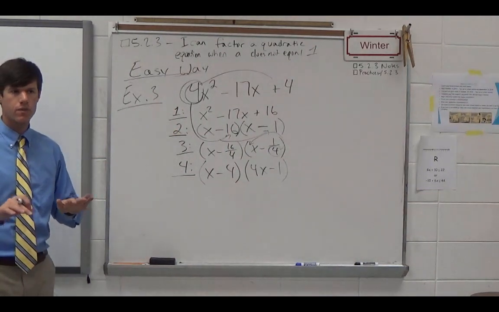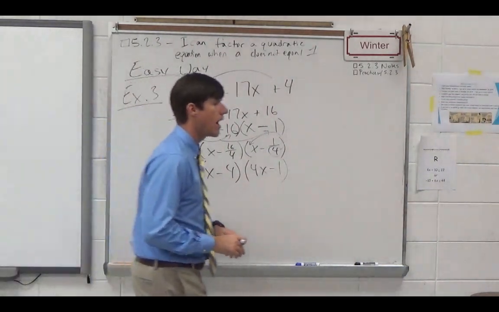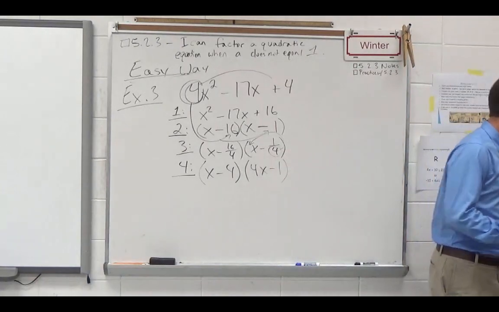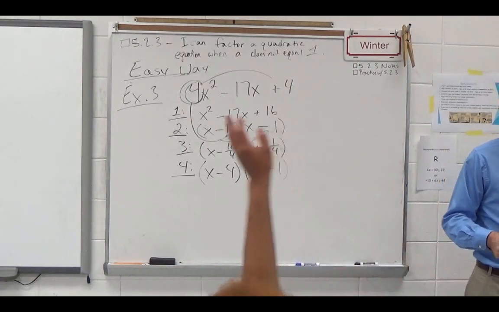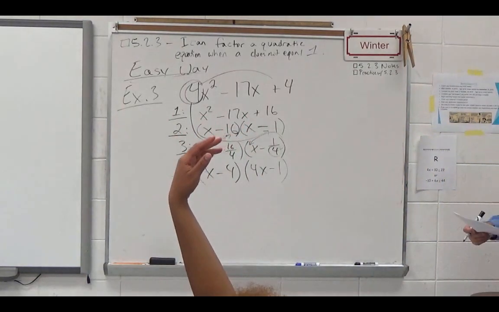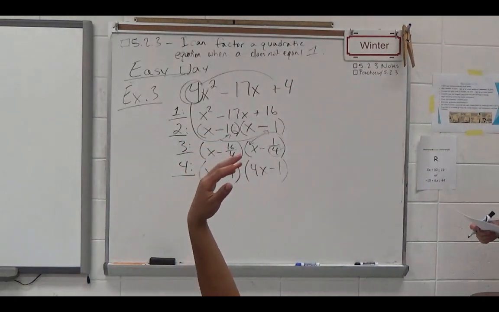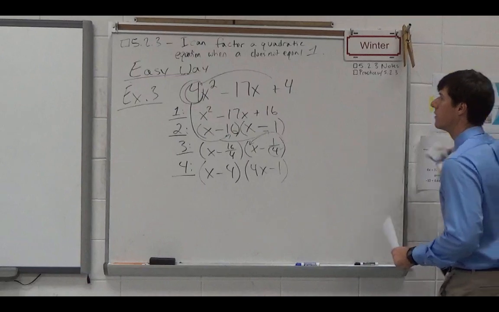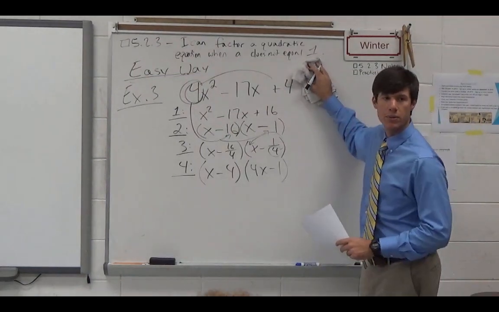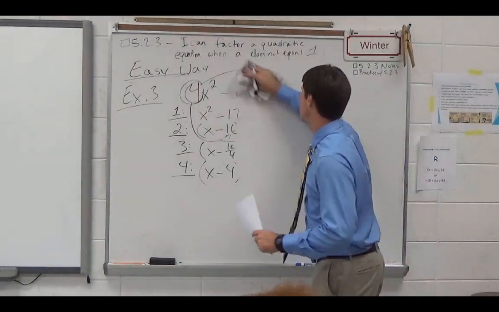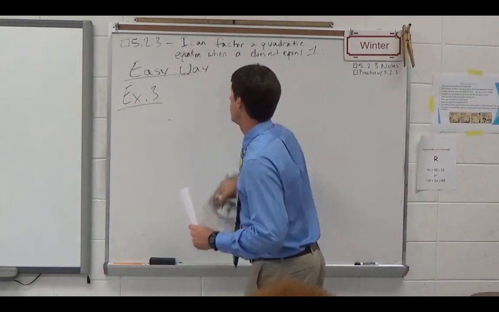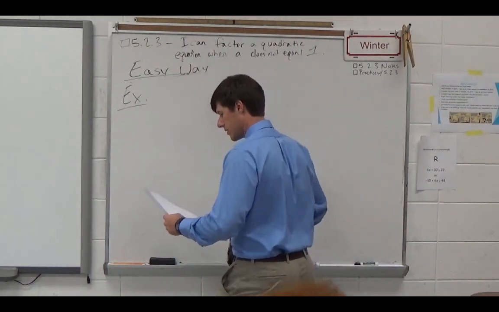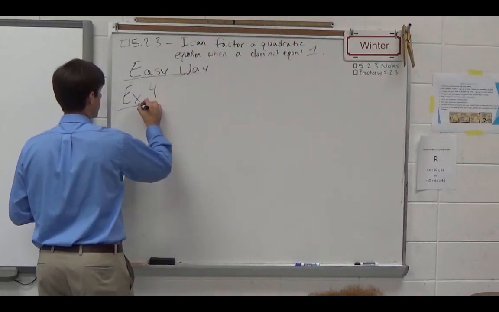Okay. Do I have a volunteer that would like to try one of these? Chastity, I saw that hand spike up right away. All right, I've got one for you. Example 4 is going to be on Chastity. Example 4 says this.